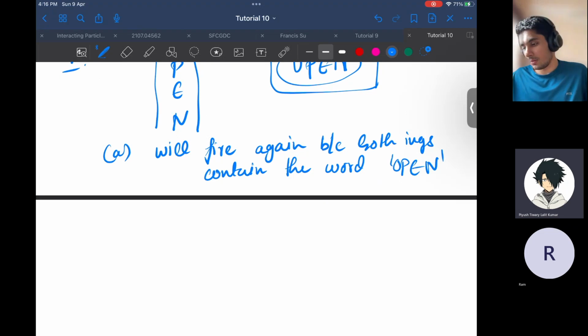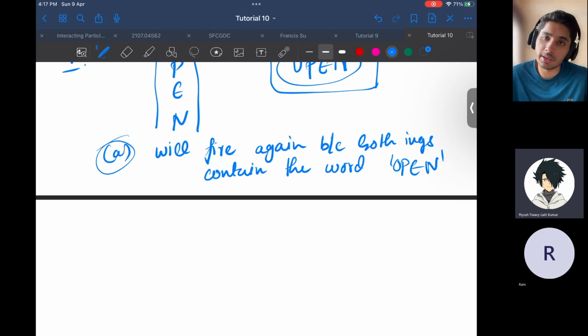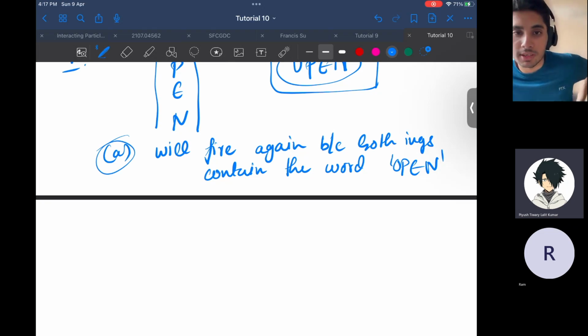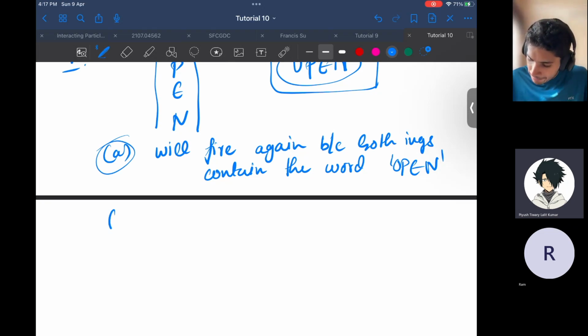Is this true? Well, we really don't know if this will happen or not. I would say that not enough information has been provided to us to say that the statement is correct. It may fire or it may not fire. We cannot say for sure.